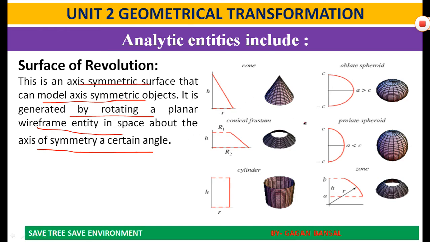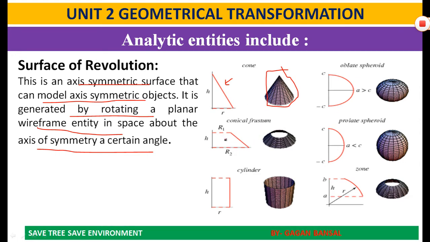As you can see, this is a cone which is made by rotating this red color inclined line, which has a radius 0 at the top and radius r at the bottom. That means it is inclined, and when it is rotated about a certain axis, say shown by this vertical line, it forms a cone.